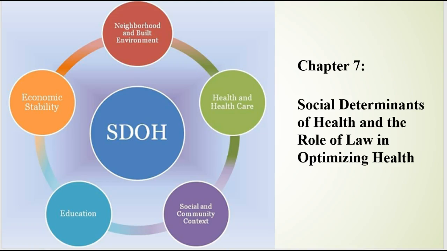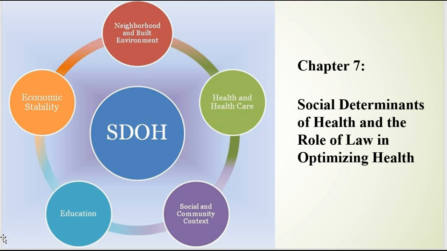Now, the efforts to improve health in the U.S. have traditionally looked to the healthcare system as the key driver of health and health outcomes. Now, with the Affordable Care Act, it has increased opportunities to improve health by expanding access to health coverage and supporting reforms to the healthcare delivery system.